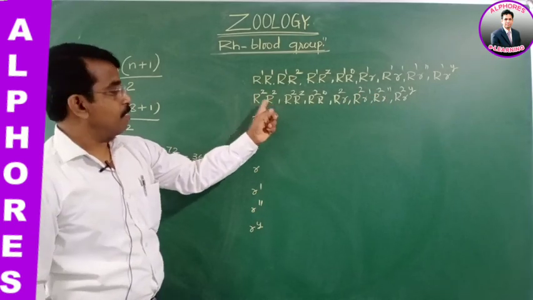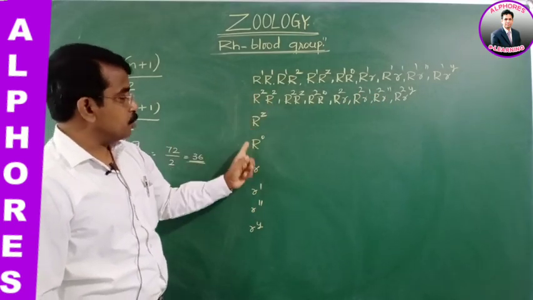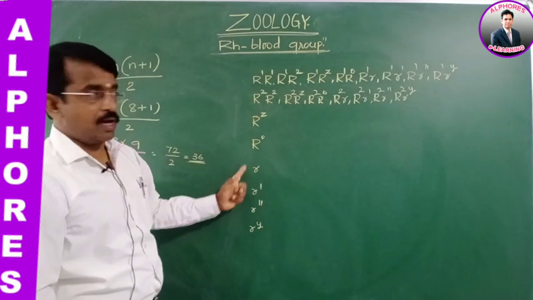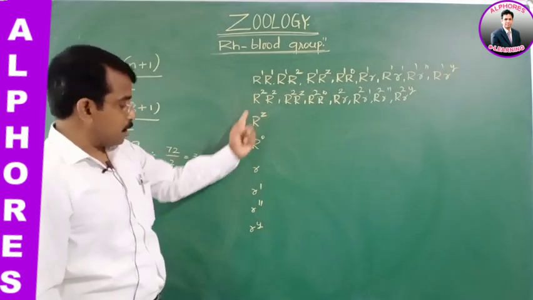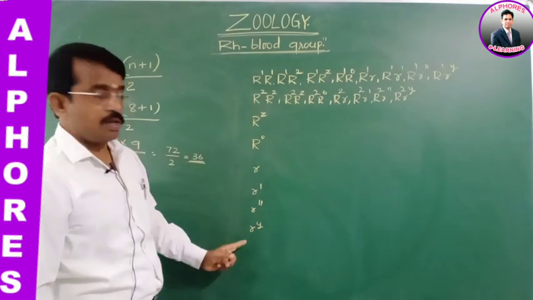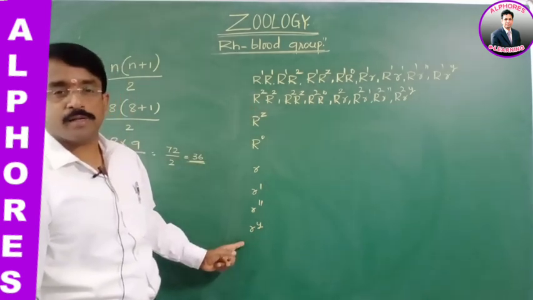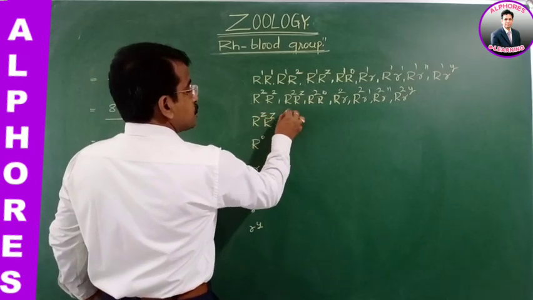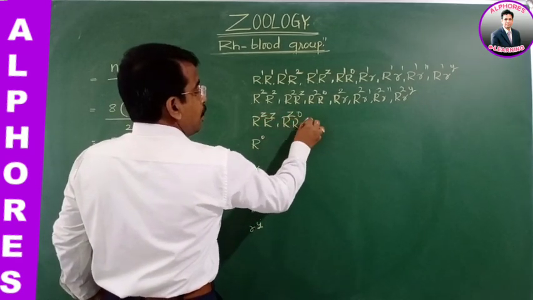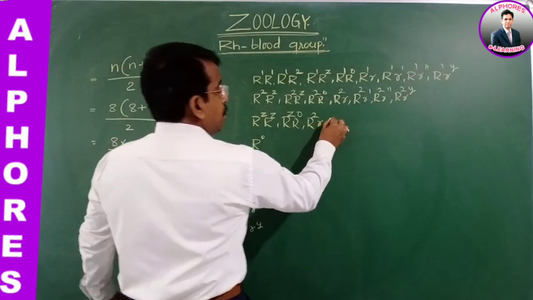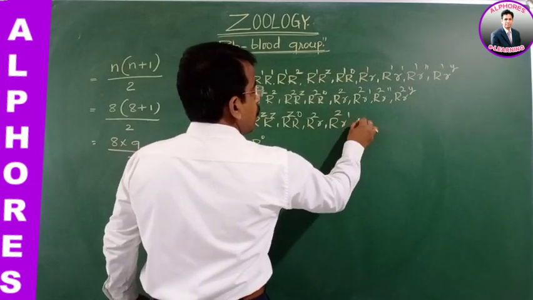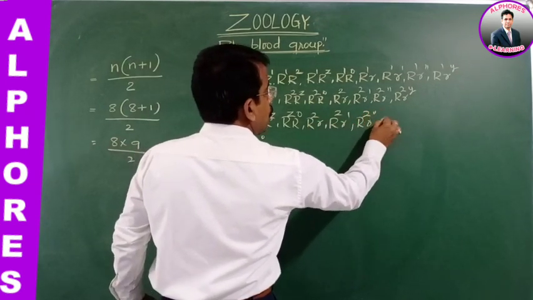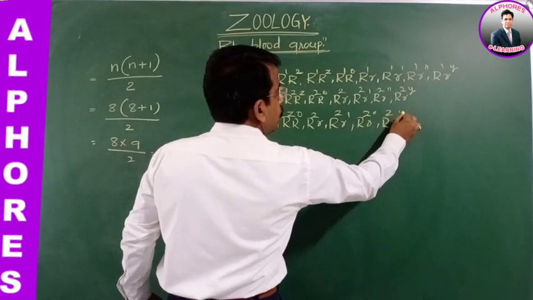R2 R2, R2 RZ, R2 R0, R2 small r, R2 small r1, R2 small r2 and small ry. Next, RZ RZ, RZ R0, RZ small r, RZ small r1, RZ small r2, RZ small ry.